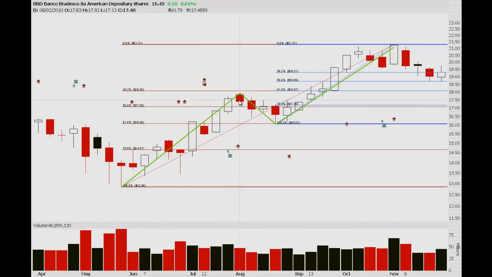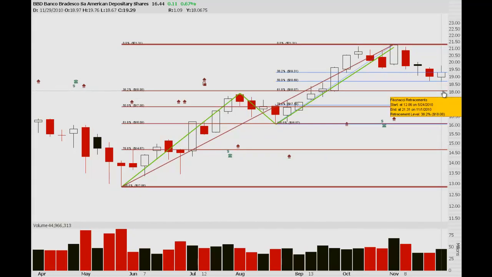This is partly because this thing is respecting fibs and we got the one-to-one move. This is at 1808, this is at 1807. So our first logical area of support, a potential reversal, is going to be this low 18 range, right about 18 and change.